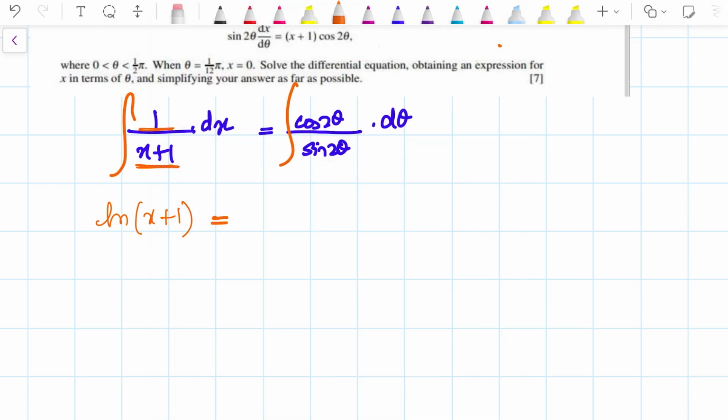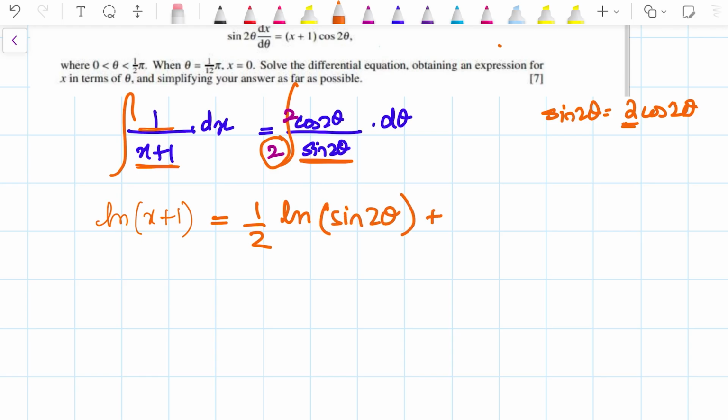Equals function in the denominator, sine 2 theta. What is the differential of sine 2 theta? 2 cos 2 theta. We need a 2. So we write a 2 here and a 2 here. Therefore this 2 is extra, 1 upon 2 ln sine 2 theta plus c. Now when theta is equal to pi by 12, the value of x is 0.